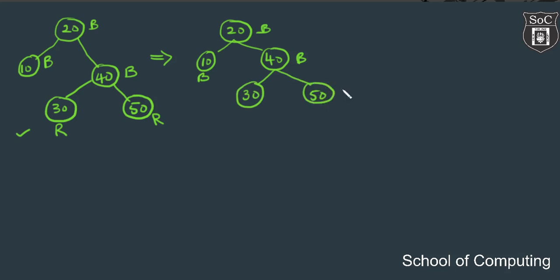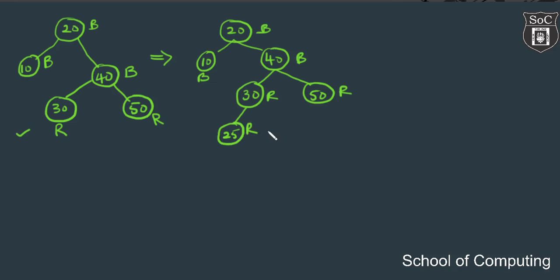So 50 is red in color, 30 is also red in color. Now I need to insert 25. As per the binary search tree rule, 25 will become the left child of 30 because it is less than 30. So 25 will appear here. And every newly created node will be marked as red. 25 is also marked as red.